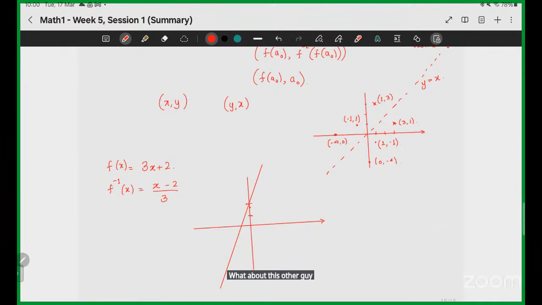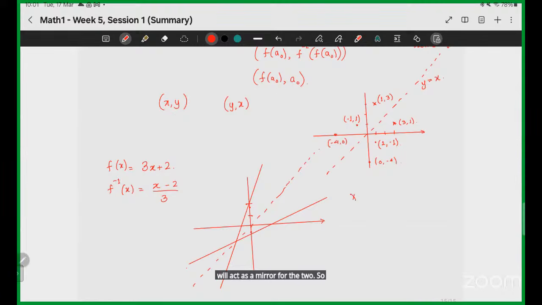It has a y-intercept of minus 2 by 3, which is somewhere over here, and it will be something like this. And the slope is 1 by 3. It'll be something like this, and this line y is equal to x will act as a mirror for the two.